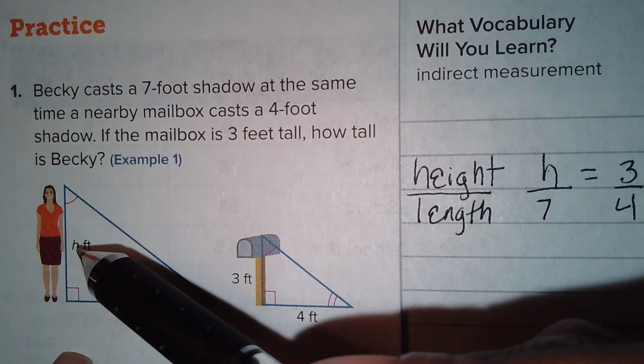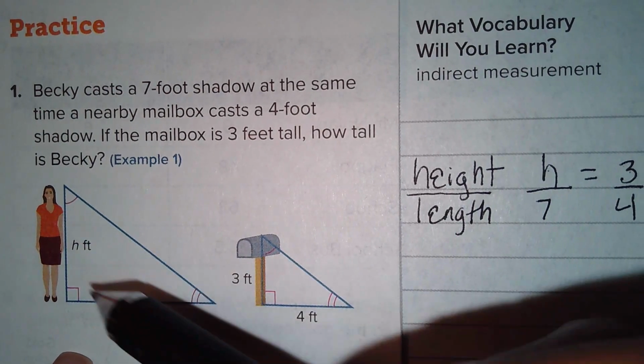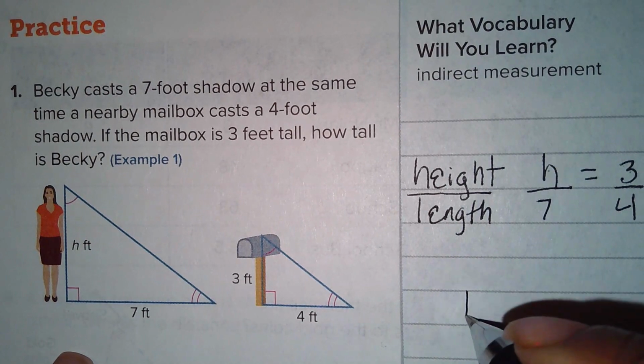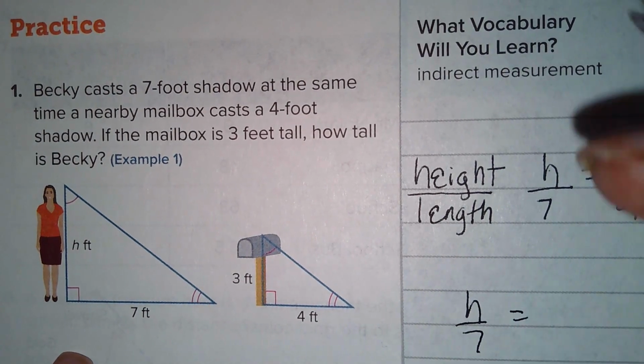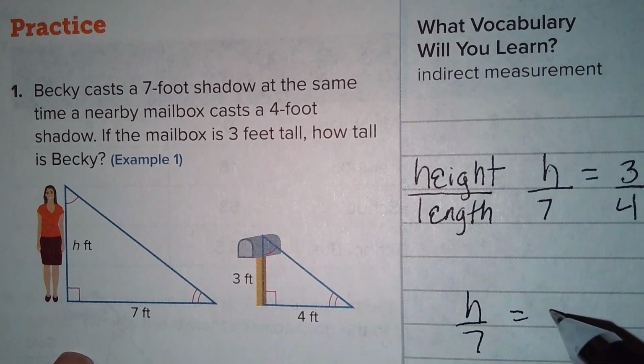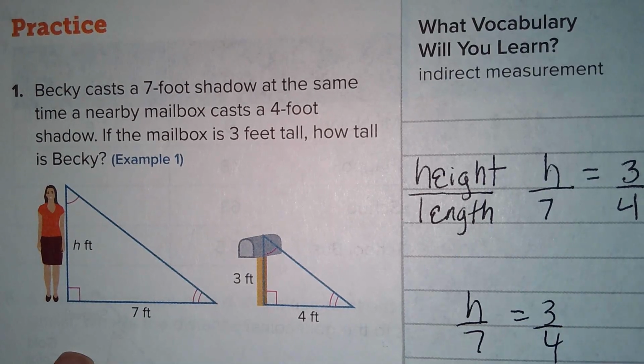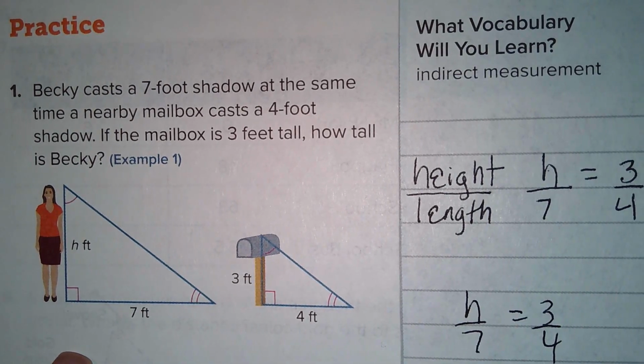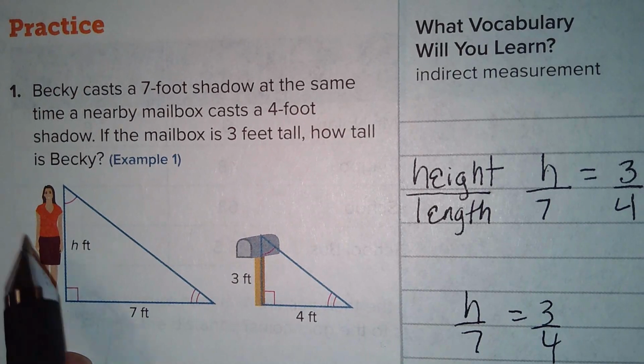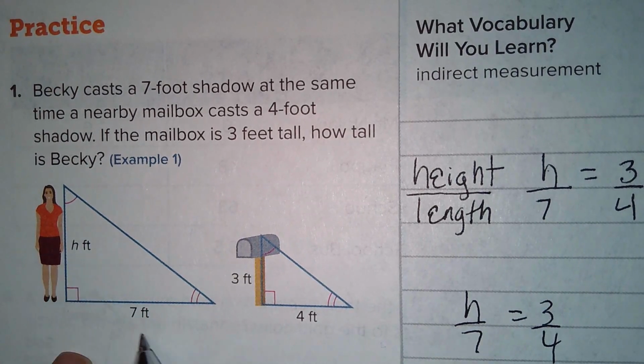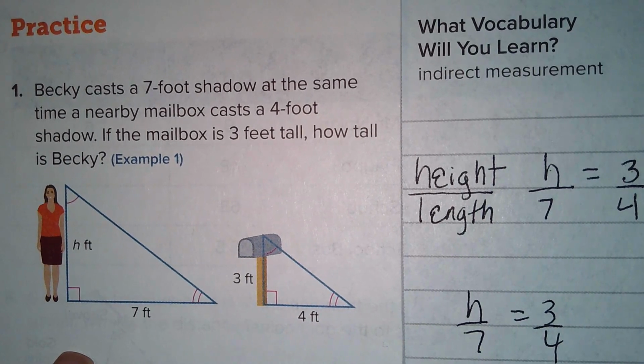You can actually do H over 7, and you can set that equal to 3 over 4. So honestly, it's just a consistency thing. If you start one fraction this way, then the other fraction needs to be done that way. So you just want to be consistent.